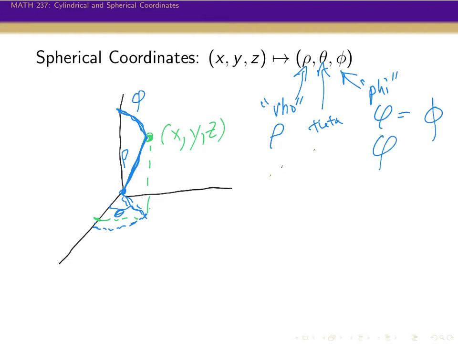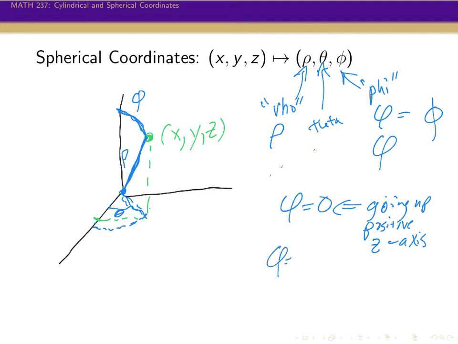If phi is equal to 0, that means it is going up the positive z-axis. If phi is pi over 2, so that's going down 90 degrees from the positive z-axis, then you're on the xy plane.